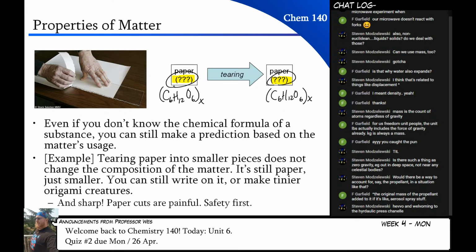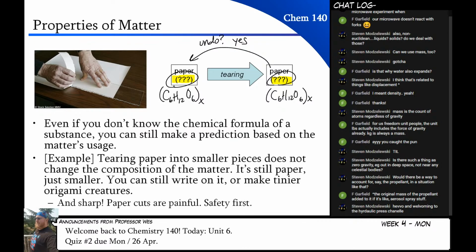Another good rubric is, can I undo? And you might think, well, it's hard to undo a tear, right? But no, you just tape it back together. And then you get a piece of paper that's more or less functionally the same, right? So you can apply tape. Tape doesn't change the nature of the matter in any way. You aren't doing chemistry by applying tape.